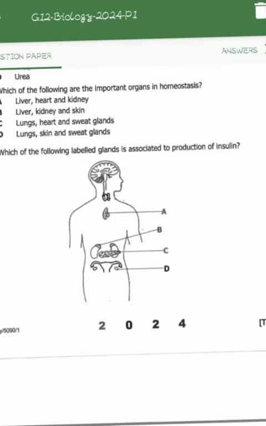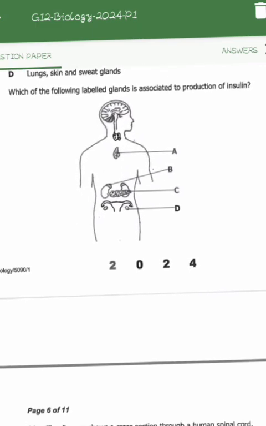Apart from that, we also have question 20. For question 20, you need to know structure A, the hormones produced by structure A, and the function. Structure B, you need to know the hormone which can be produced by structure B and the function. C, which is the pancreas, the enzymes and also the hormones produced by the pancreas.